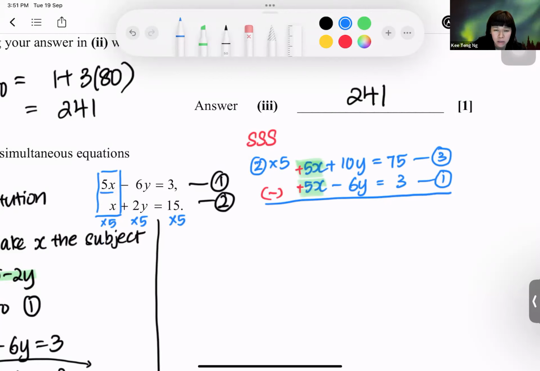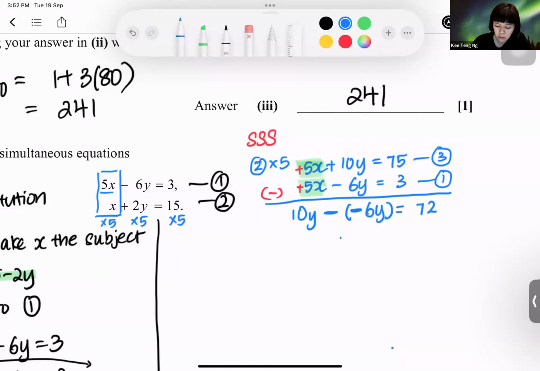Okay, subtract. So what is this? 5x minus 5x, no more. But this one over here is 10y minus negative 6y. This is the part, the careless mistake where students will make. They forget about the negative sign and then they do the whole thing correctly, but actually end up with the wrong value. Okay, then 75 minus 3, that will give you 72.